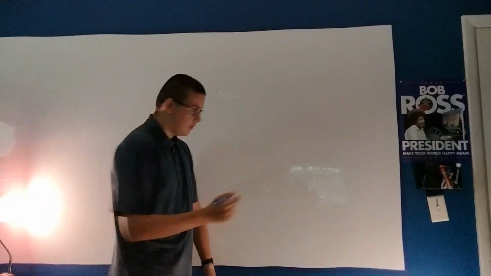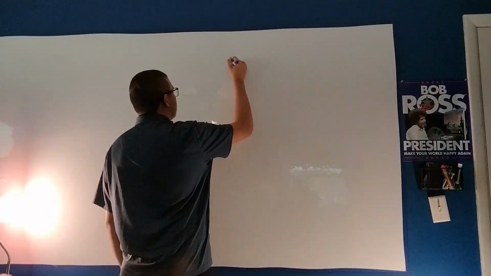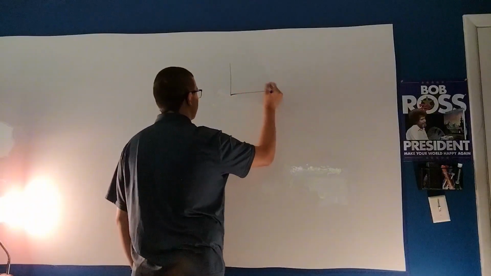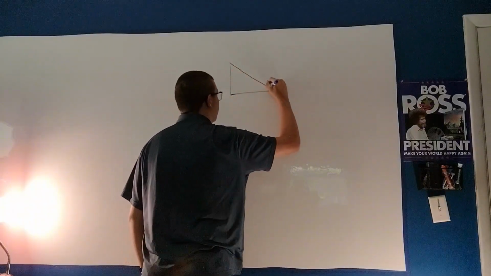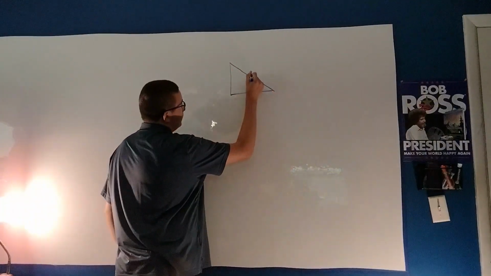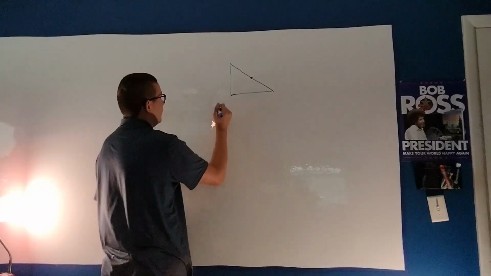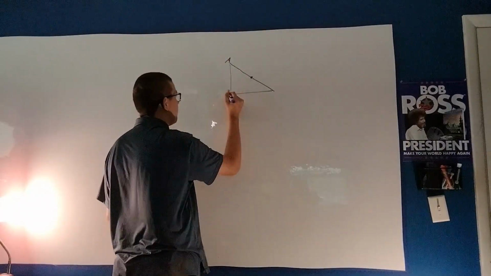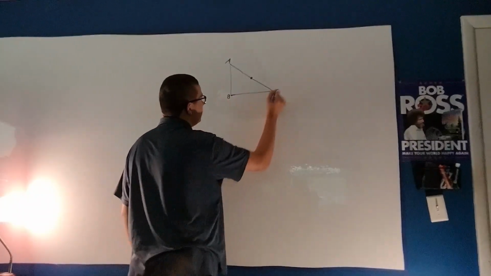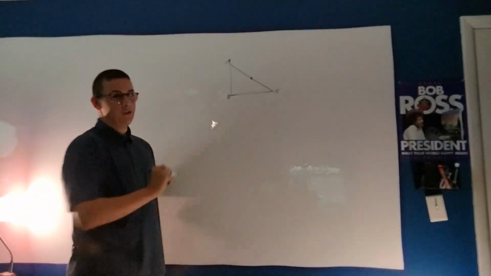The median. So if we have a triangle here, and we say the midpoint of the hypotenuse is right there. Let's label this A, B, C. The midpoint of AC is right there.